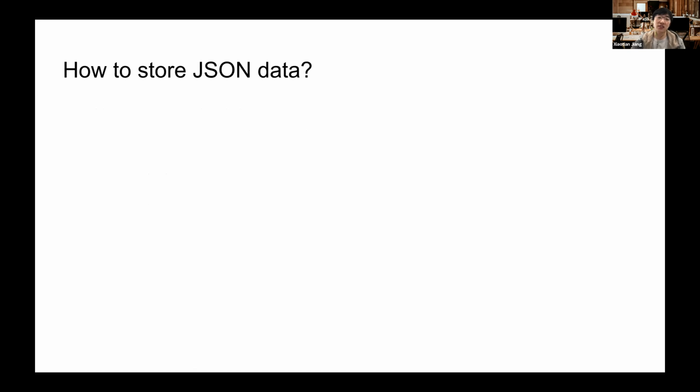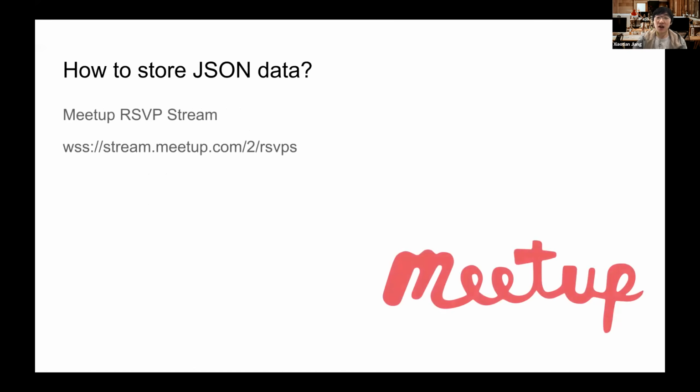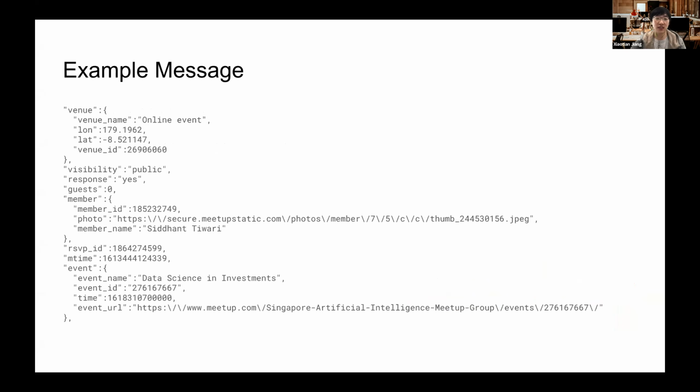Let's see how to store JSON data. I will use an example from the Meetup RSVP stream data. I randomly picked a message from this RSVP stream, the Kafka stream, and here's the example message.